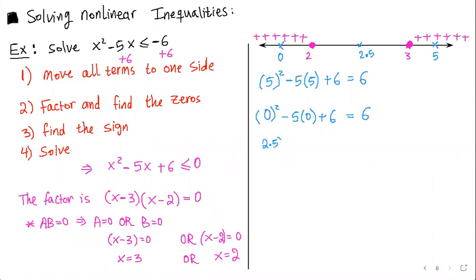2.5 squared minus 5 times 2.5 plus 6. What do I get?